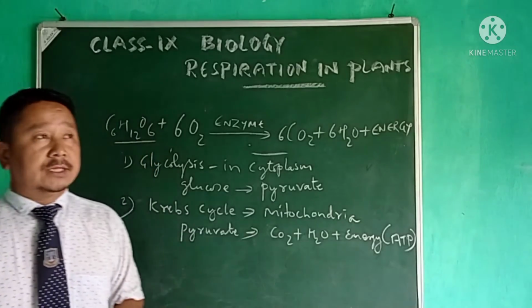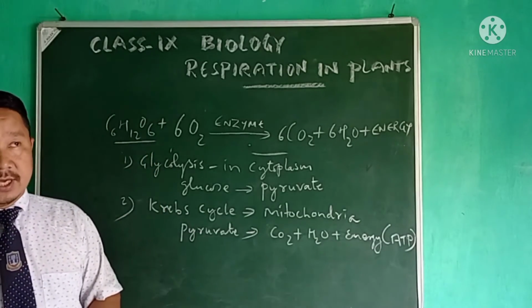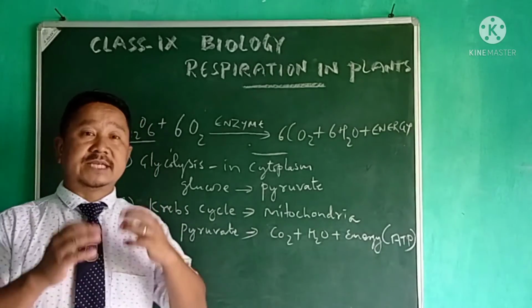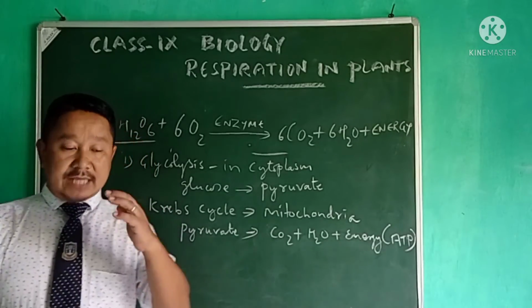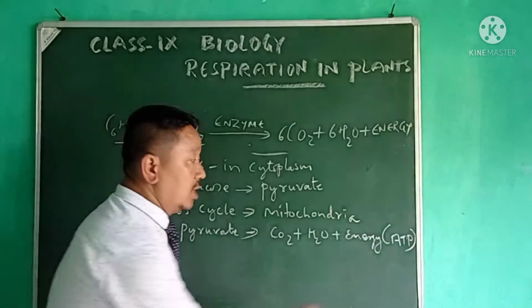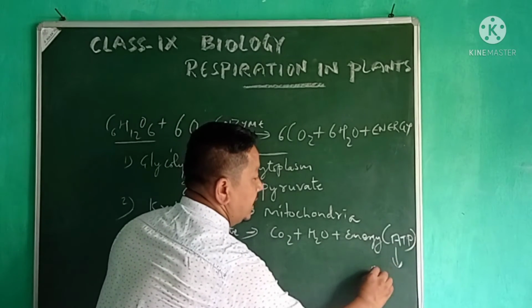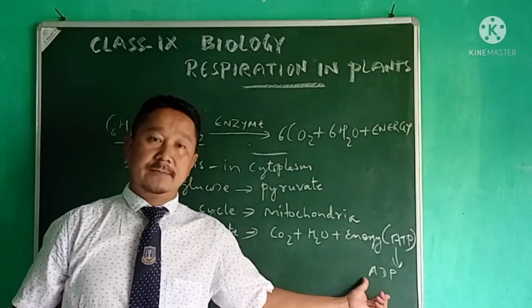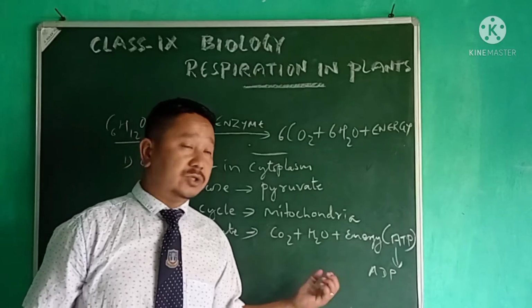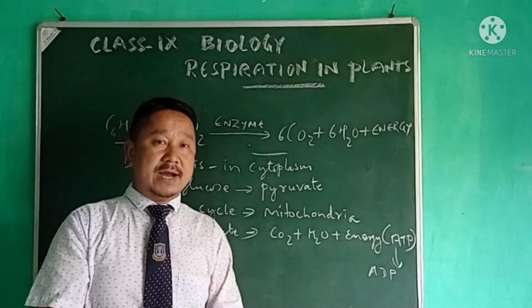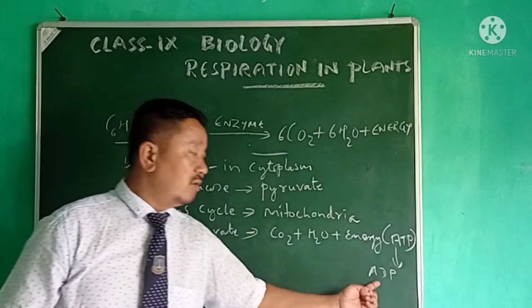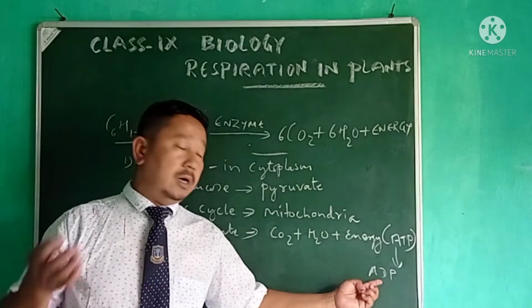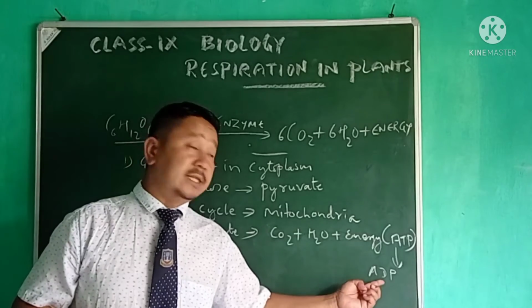When the cell of the organisms has to use energy, this ATP will be converted into ADP, adenosine diphosphate. Then this energy is used. That means the energy required will be utilized in the form of ADP for carrying out all the activities in the cells or in the body.